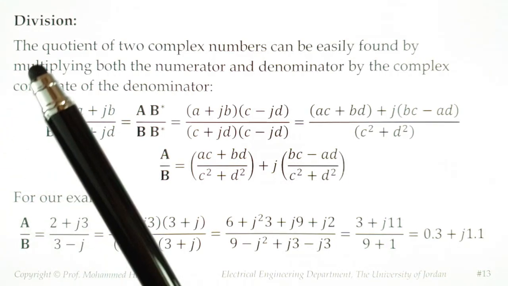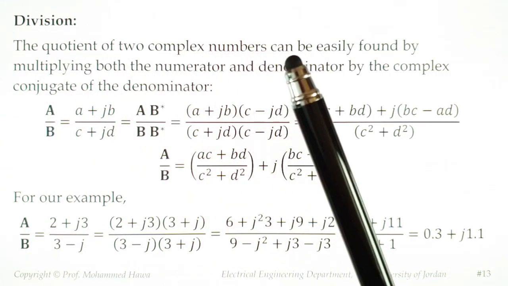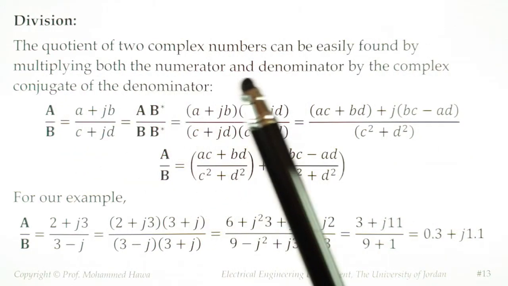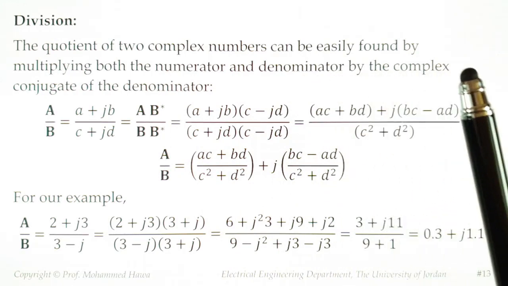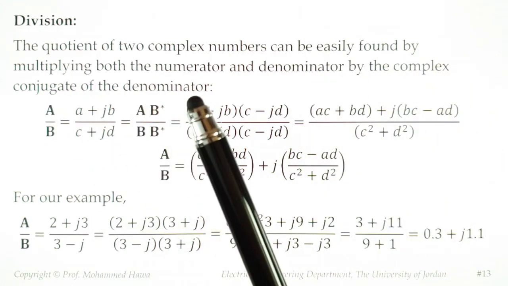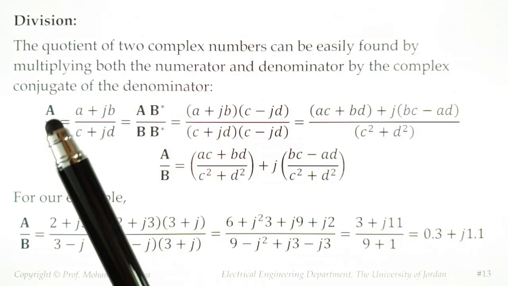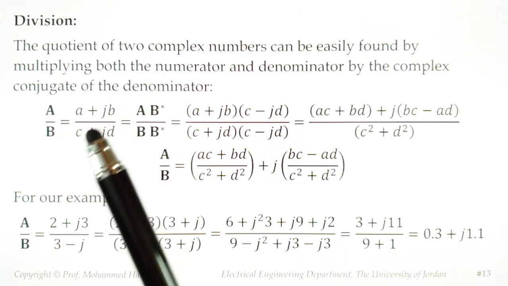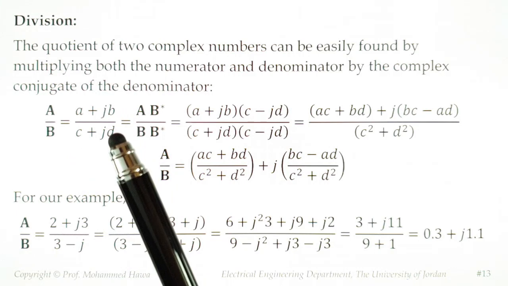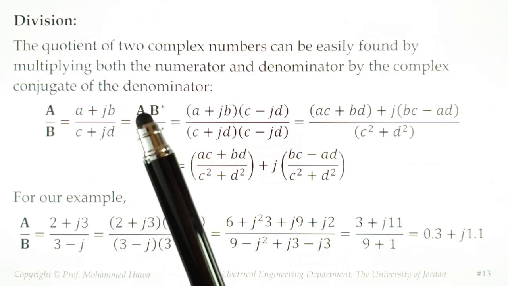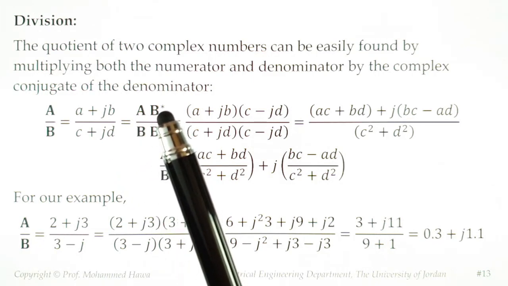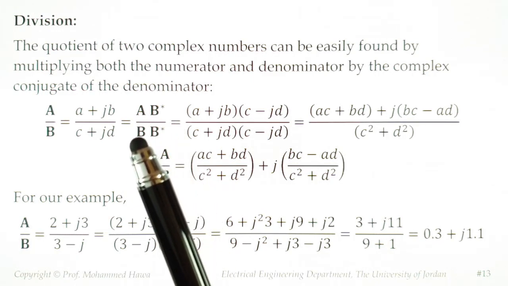Please remember that the quotient of two complex numbers can be easily found by multiplying both the numerator and the denominator by the complex conjugate of the denominator. For example, if you divide A by B, where A is a plus jb and B is c plus jd, you can easily find the result if you multiply both the numerator and the denominator by B star, the complex conjugate of the denominator.